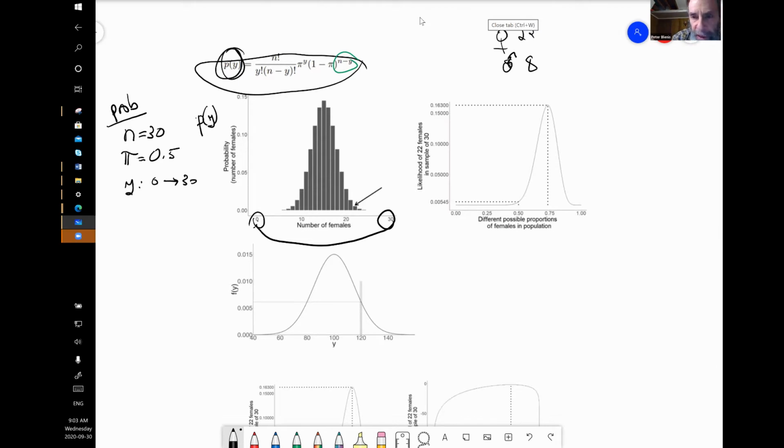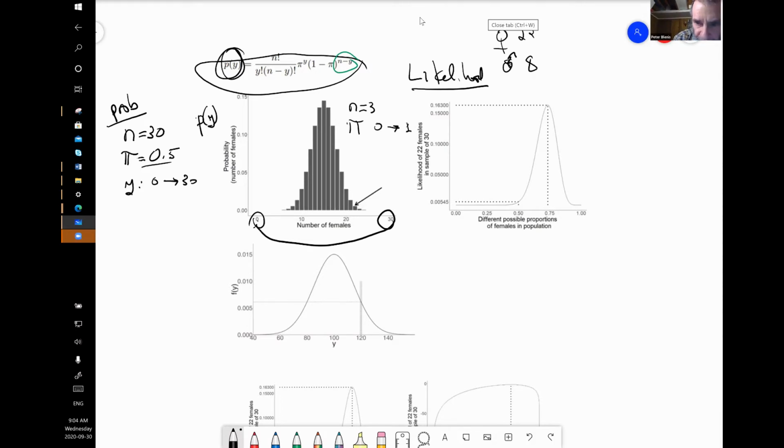Now on the other side, what we're going to have here is likelihood. And we can think of likelihood in some ways as just being a flipped probability. So now we're going to have, as before, n is equal to 30. That's the same. But now pi, instead of being a constant at 0.5, is going to go from 0 to 1.